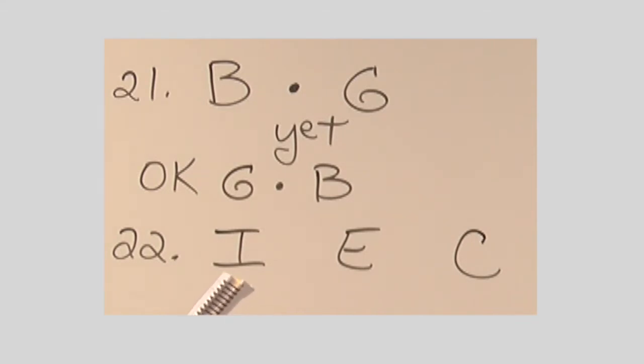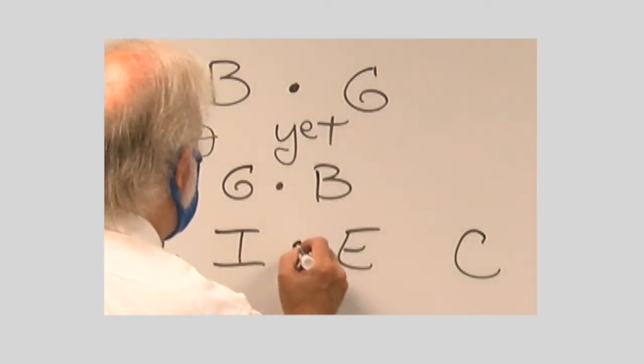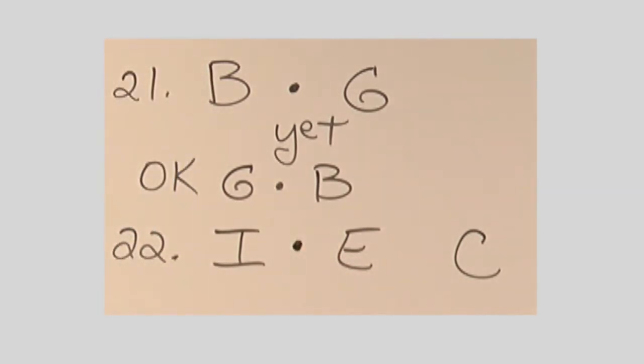Looking at the first compound, we have both Ireland and England abide by the agreement. That goes back up to number 20, where we learned about both and. Both and is going to be represented by a dot. So you'd have a dot between I and E, and then between E and C, we have the word or.